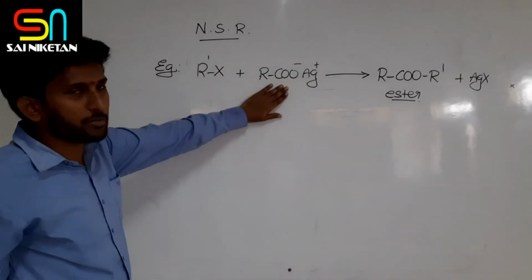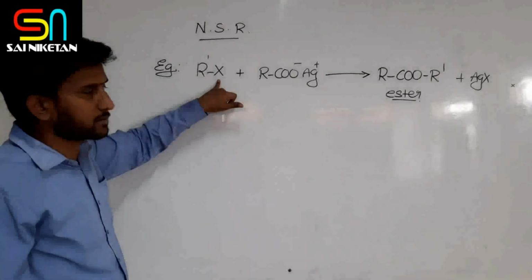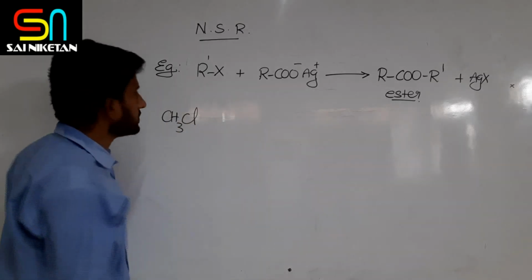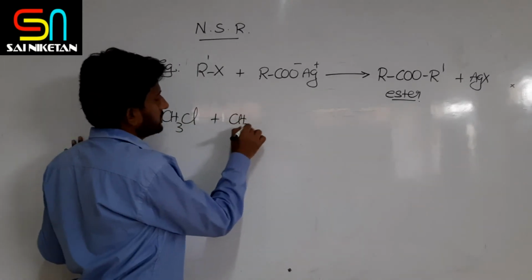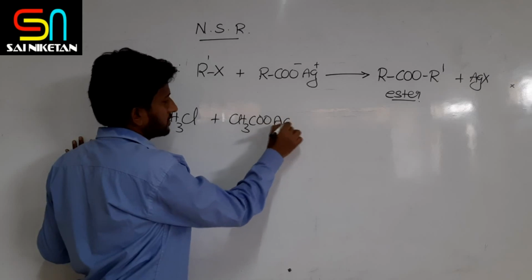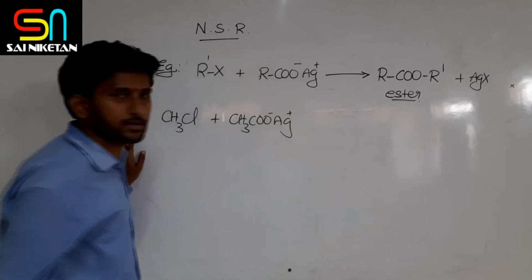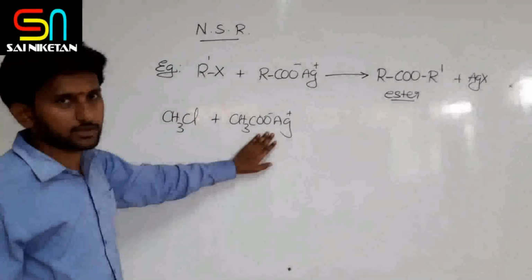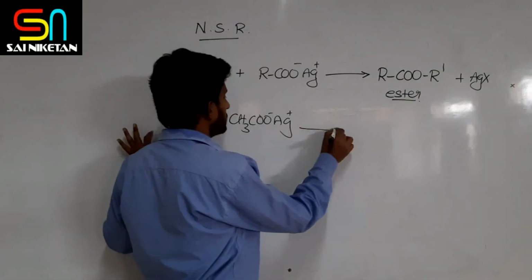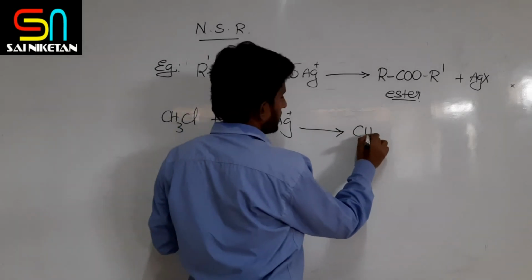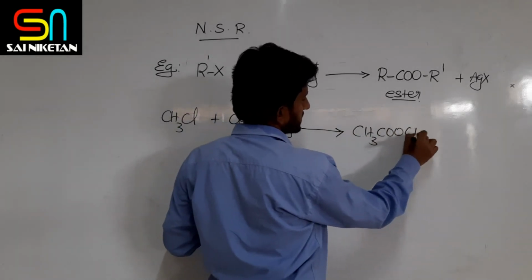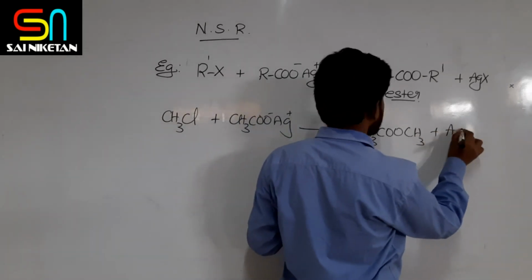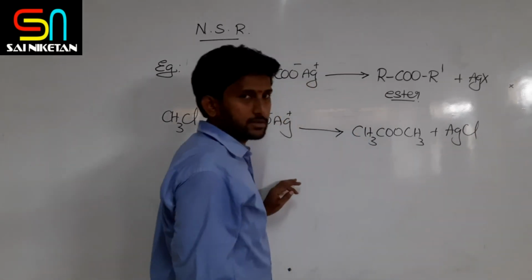So the RCOO minus group substitutes the X minus group. Example: methyl chloride reacts with CH3COOAg, the silver salt of ethanoic acid, and gives rise to CH3COOCH3 plus AgCl.